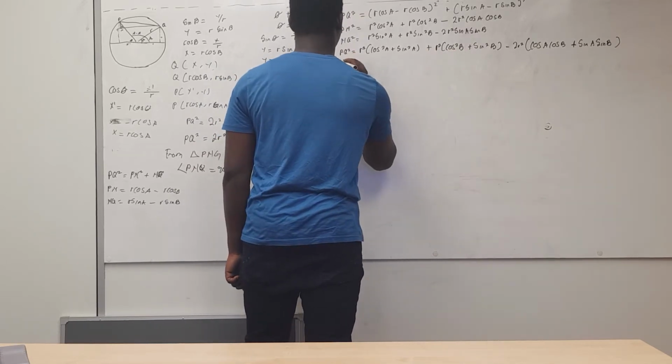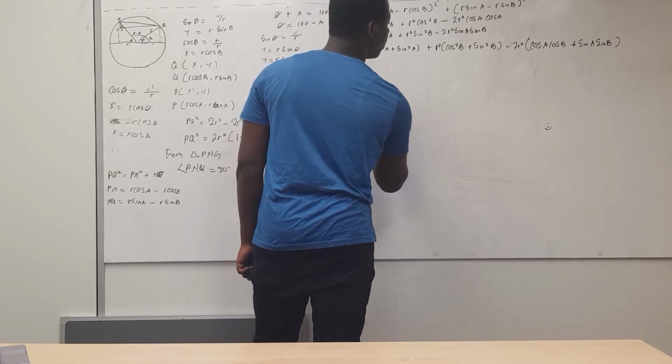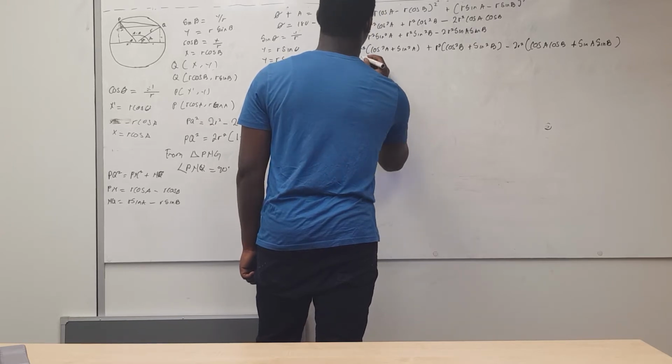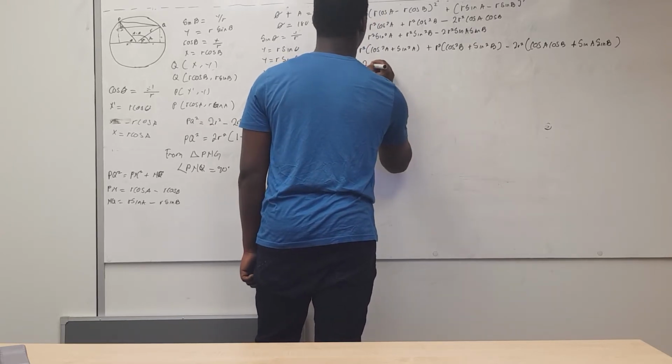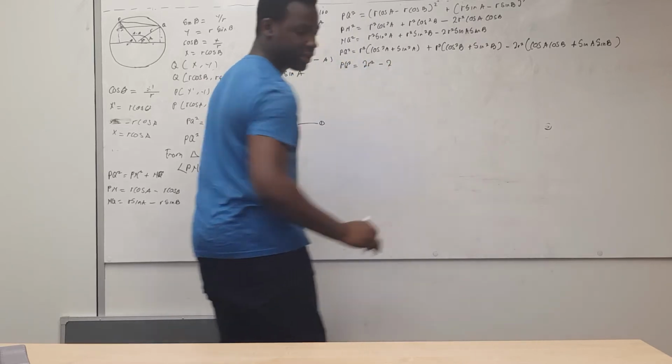So we have PQ squared equal to 2r squared minus 2r squared, let's just write it like this.